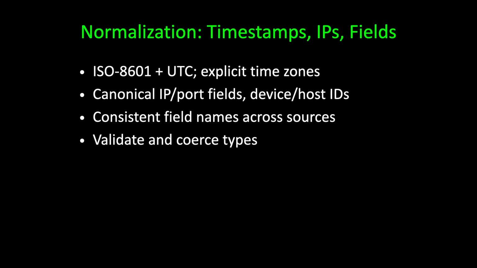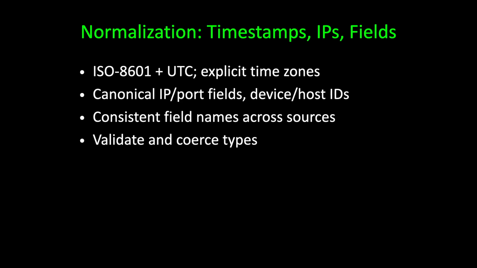When we want to normalize timestamps and fields, there are many different ways to get at that. It helps to cut down chaos within our log files and within all of the telemetry that we collect. ISO 8601 helps us to define timestamps, and that is a standard that we can use to provide that timestamp and to enforce that timestamp across our entire organization.